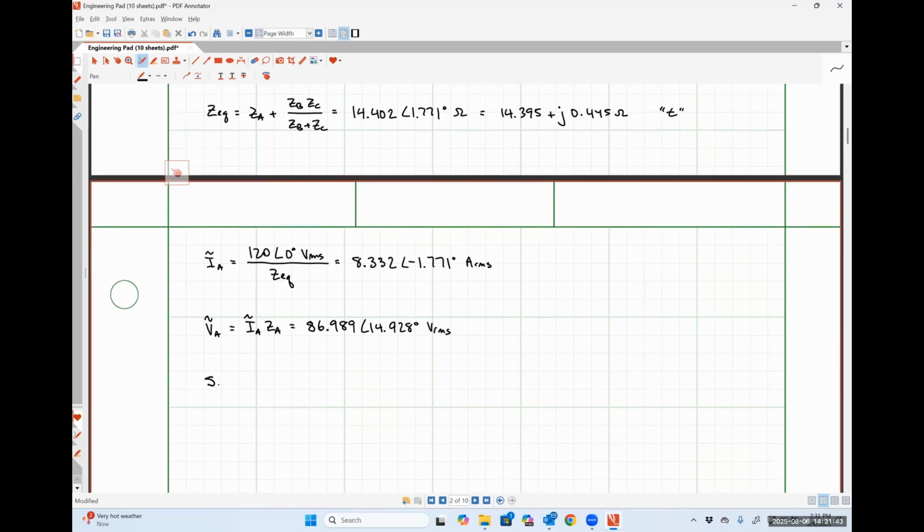And from this, the complex power absorbed by element A is VA times IA conjugate. So that's going to look like 86.989 with an angle of 14.928 degrees volts RMS times 8.332 with an angle of 1.771 degrees amps RMS.